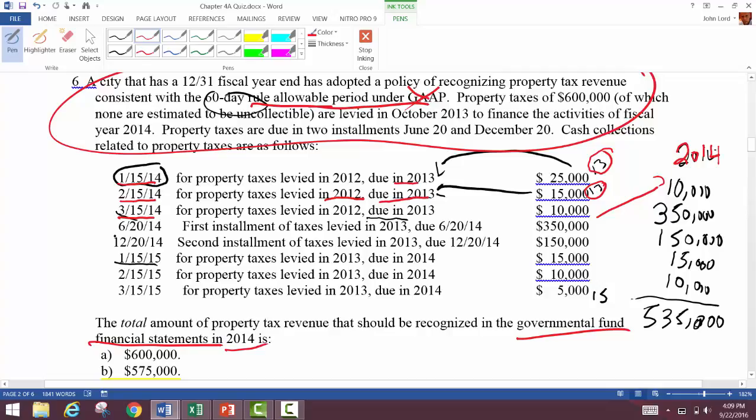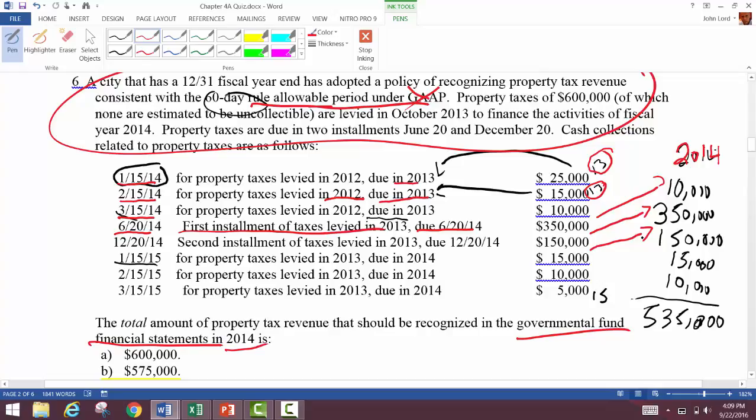Then what? Then I get this 620 in 2014, and it was what? It was the amount that was levied that we heard about up there in 2013 that was due in 2014. So that's clearly 2014 money. Same thing with the second installment, right?